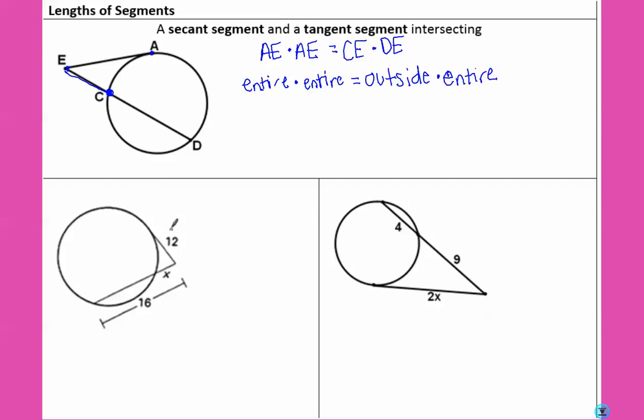So here we have the outside for the outside and the entire for the tangent line. We have the outside for the secant line, and it told us already that the whole thing is 16. So entire times entire for the tangent line equals outside times the entire secant line. So we get 144 equals 16x. Divide both sides by 16, and we get that x equals 9.